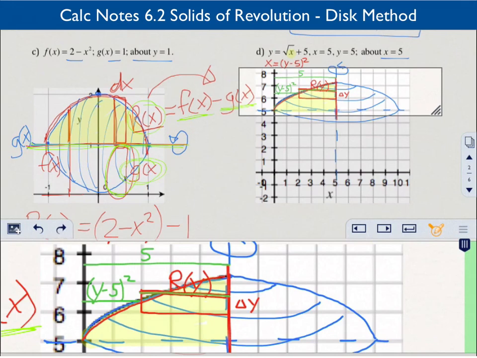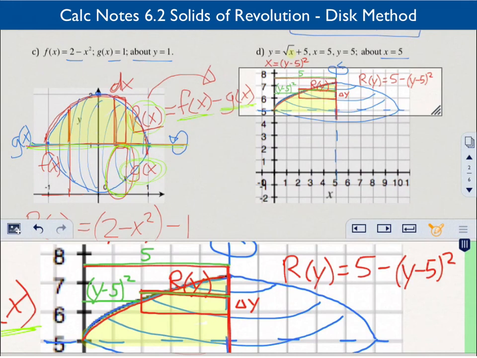And if we want to find r of y, it's just going to be the difference of the two. So r of y is really going to be 5 minus y minus 5 squared. Okay, so we can think we're going to take this whole 5, but then we're going to subtract the y minus 5 squared to get r of y.